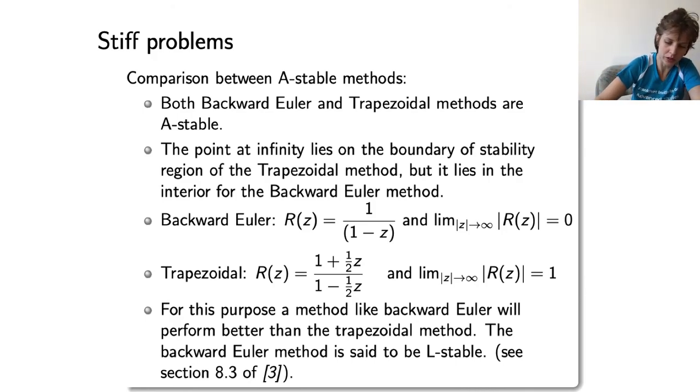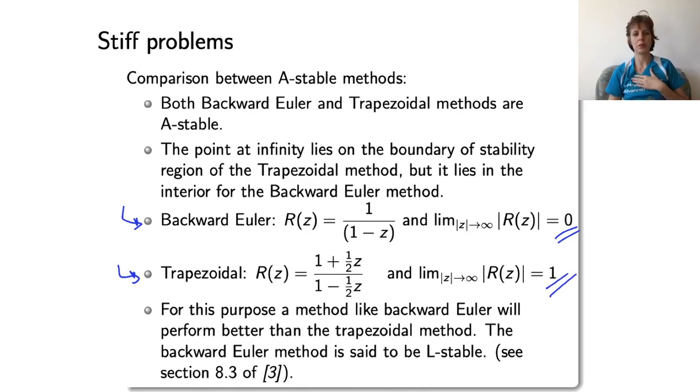So for the backward Euler, our R(z) function is given by this, and the limit of z going to infinity is 0. So it means that the stability region for the backward Euler is a bounded region, and for the trapezoidal it's unbounded, so the limit is equal to 1. So for this purpose, a method like the backward Euler will perform better than the trapezoidal method. The backward Euler is said to be L stable.